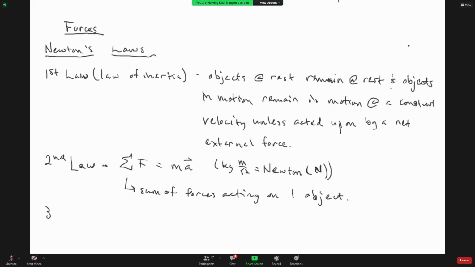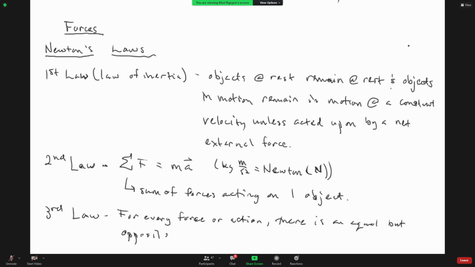The last Newton law that you guys need to know is Newton's third law. It simply states that for every force or action, there is an equal but opposite force or reaction.